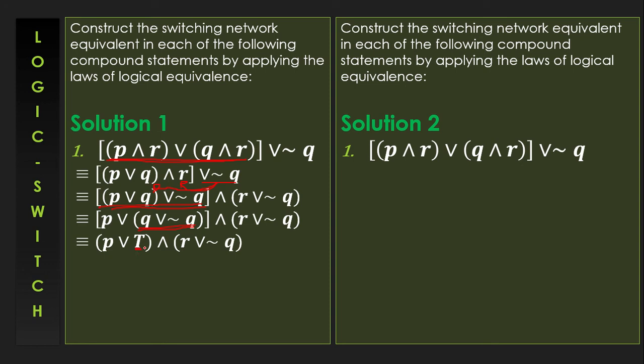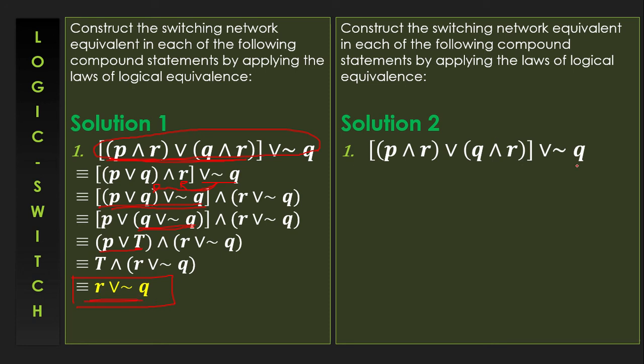And when true is disjuncted to any statement, the result would always be true. And when true is conjuncted to a statement, the result would be equal to that statement. So therefore, this compound statement can be simplified to this one.